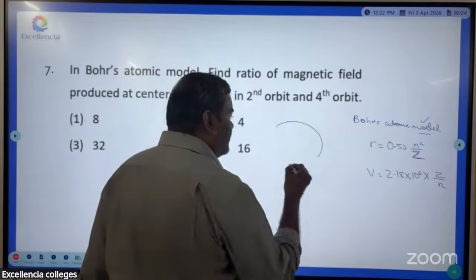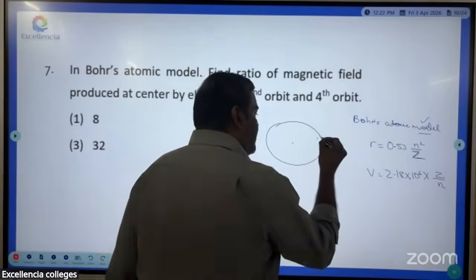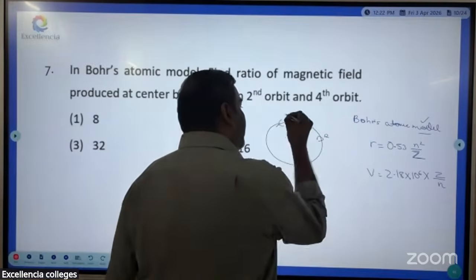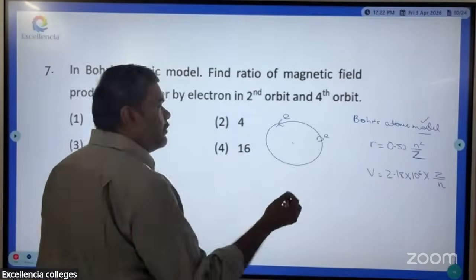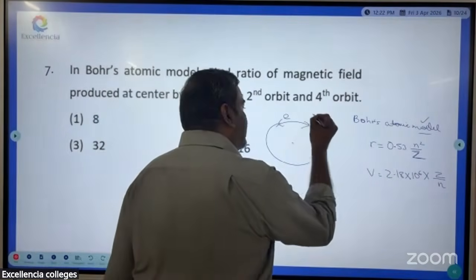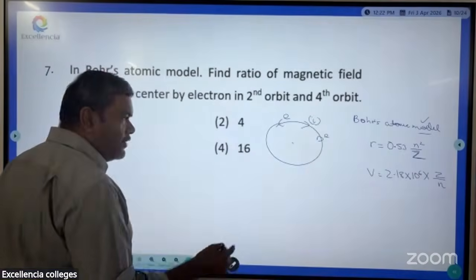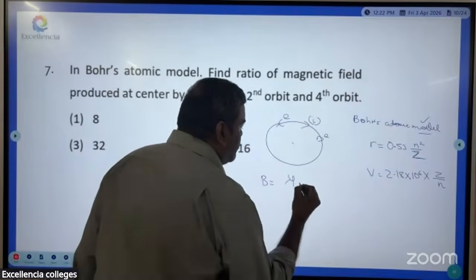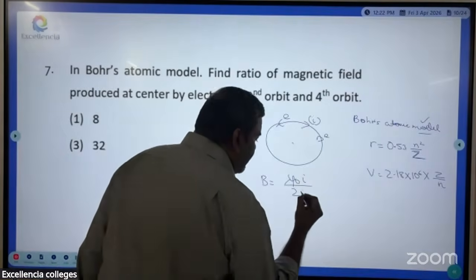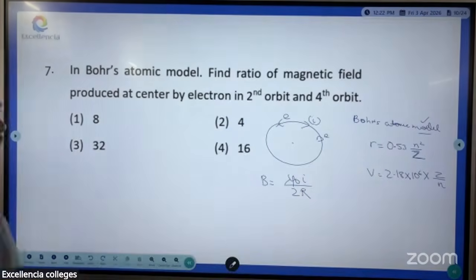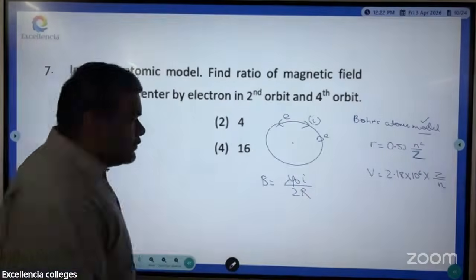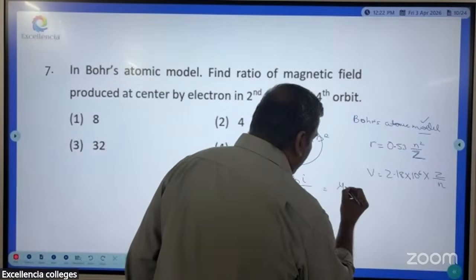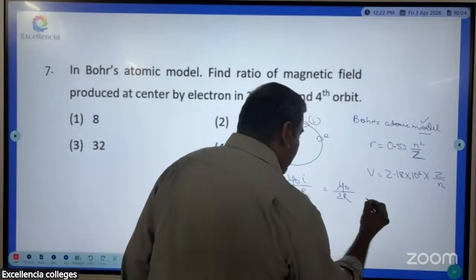Now what is happening is, this is my electron here, revolving in an orbit in this kind of way. So if an electron revolves in an orbit, you can assume that it is an equivalent current I flowing in the opposite direction. So this becomes a current-carrying circular loop, and a current-carrying circular loop creates a magnetic field, and the value of that magnetic field is given by mu naught I by 2r. So that becomes mu naught by 2r into current.